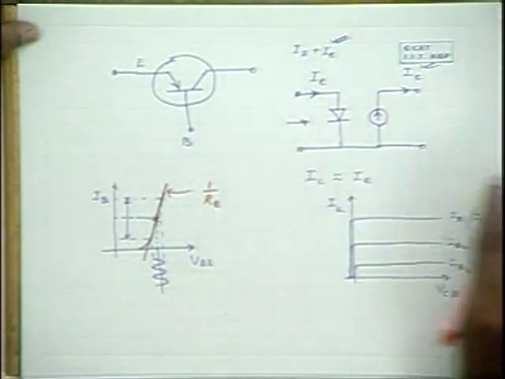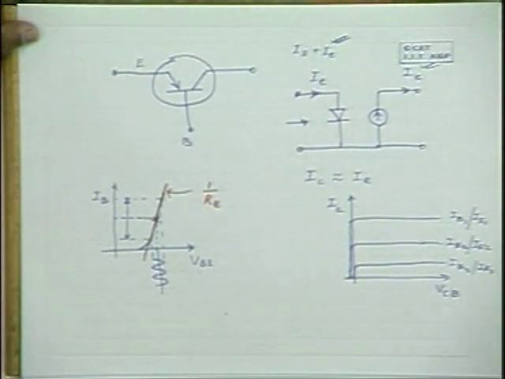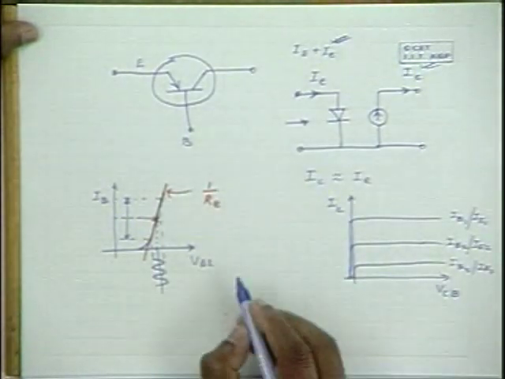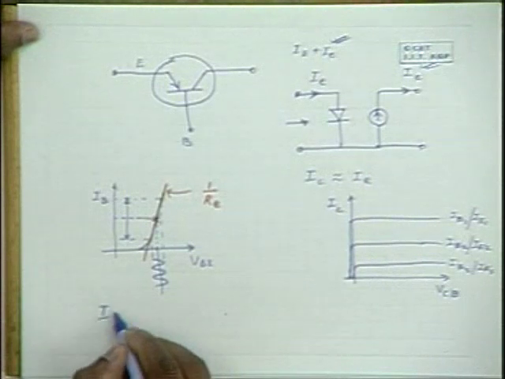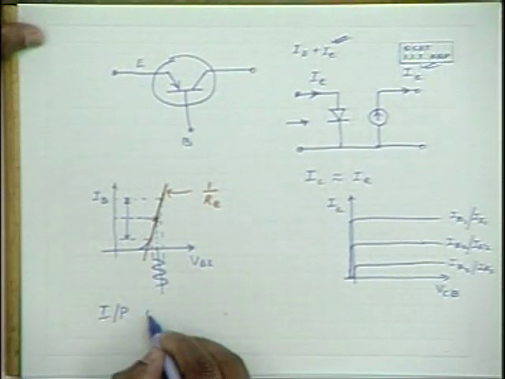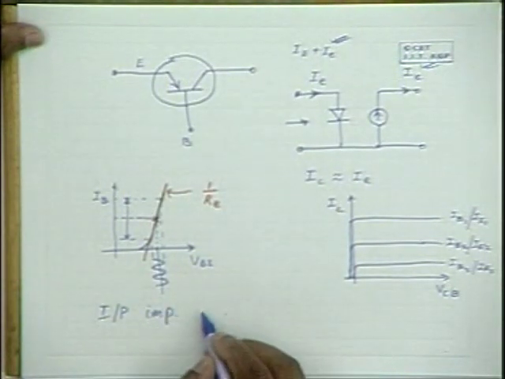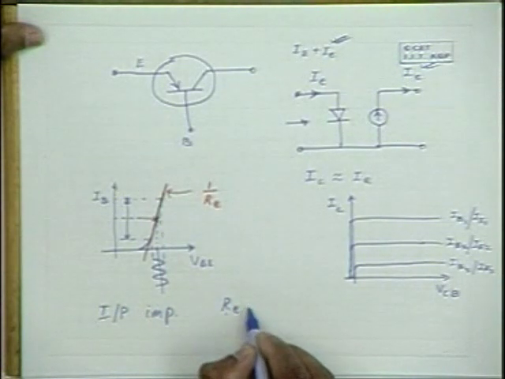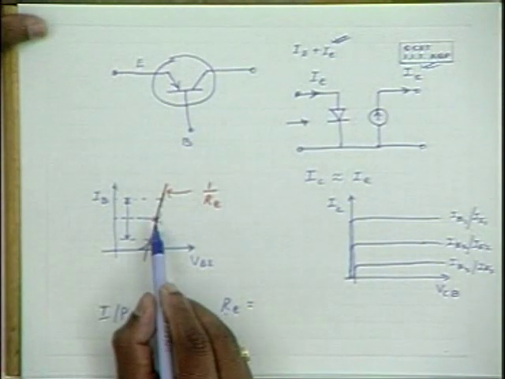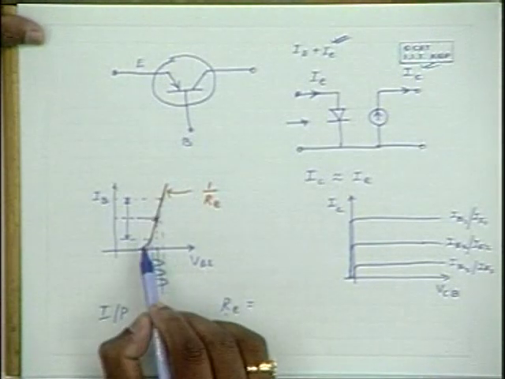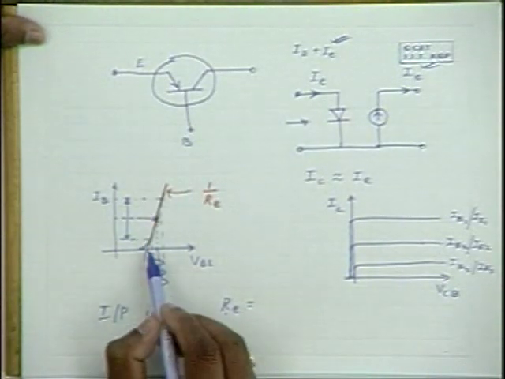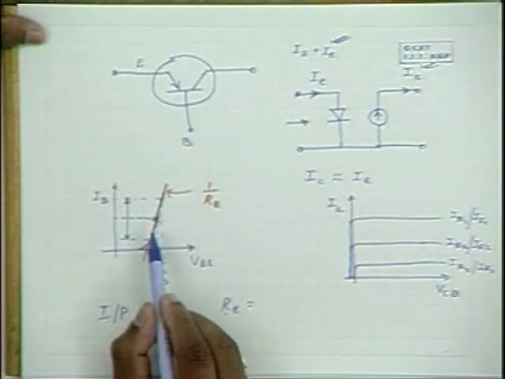Hence, the input impedance of this transistor, which can be expressed as RE, is the inverse slope of the input characteristics around the biasing point, around the Q point.